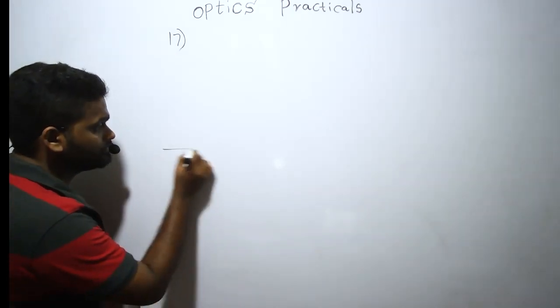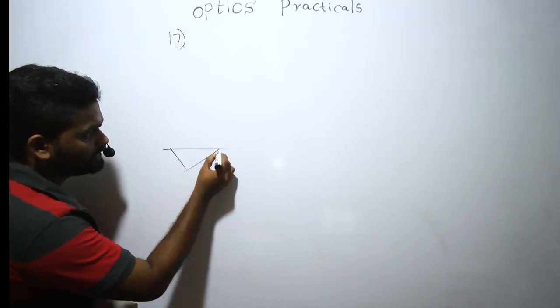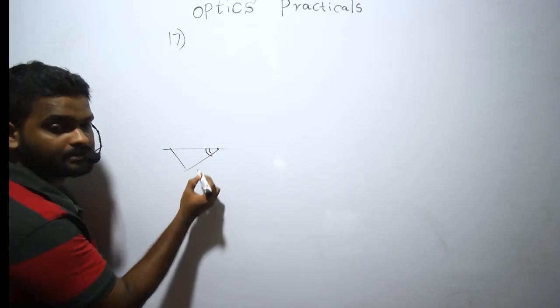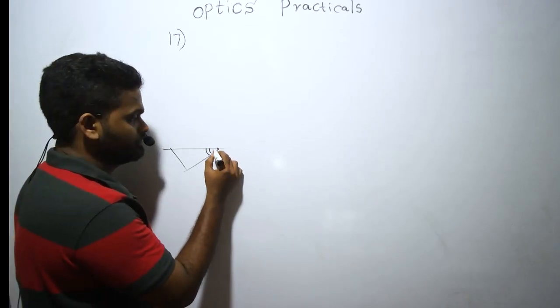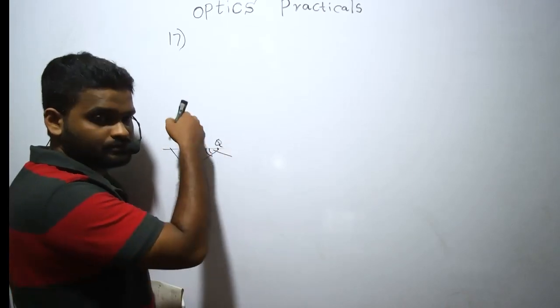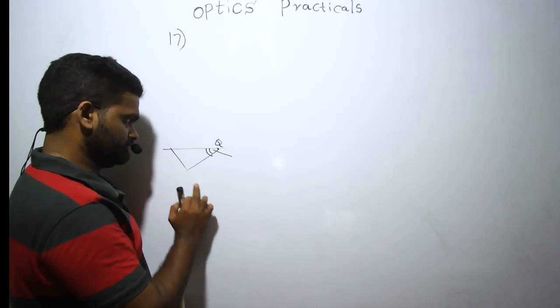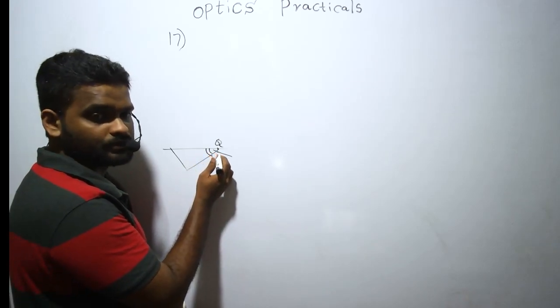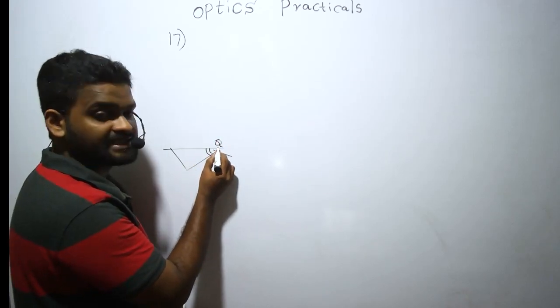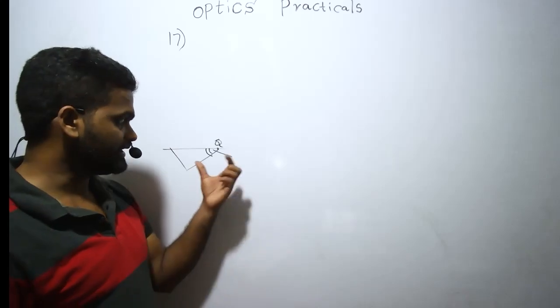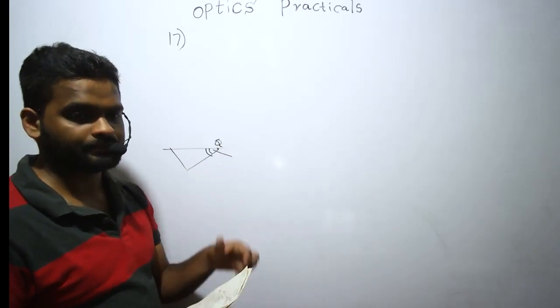Remember the diagram? It was here, right? This angle is the prism angle. According to the side we took, the prism angle is at the Q vertex. So here we are going to find the prism angle.